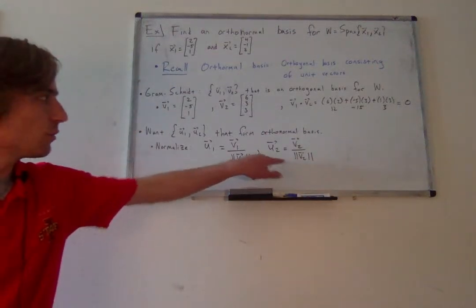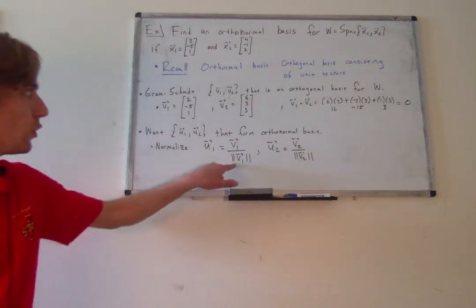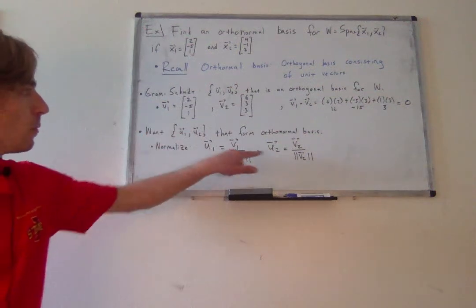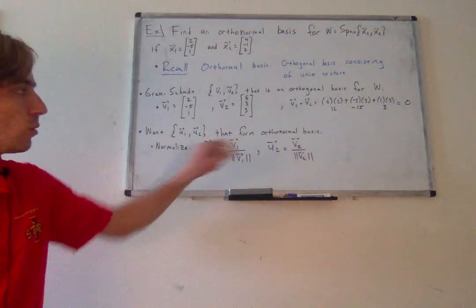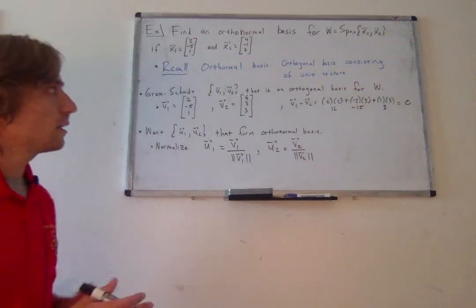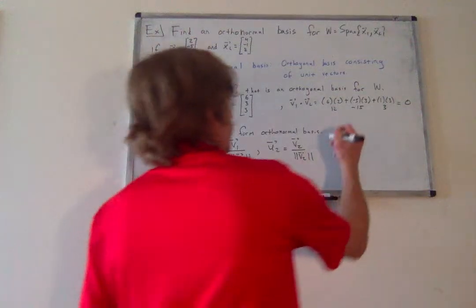Then each of these vectors will be unit vectors. u1 will be a scalar multiple of v1, u2 will be a scalar multiple of v2, so they'll still be orthogonal, and they'll span the same space as before.